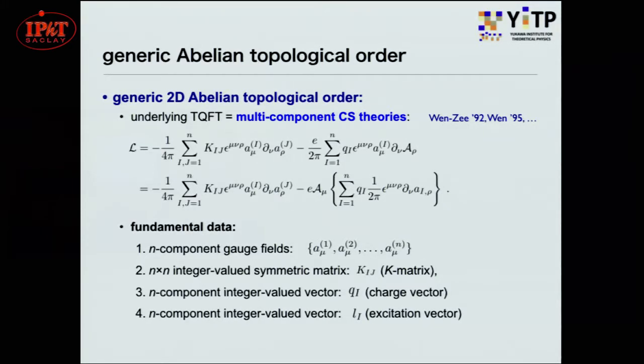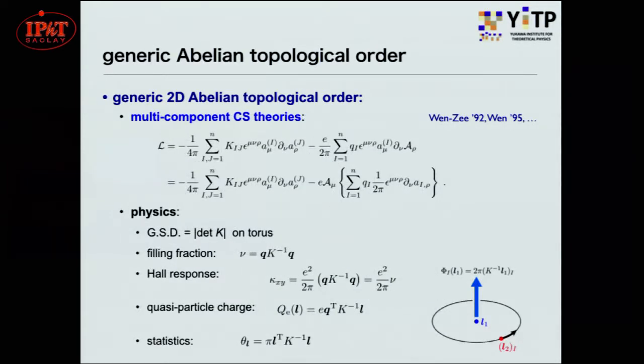Then we have a coupling to the external magnetic field shown here. Then we have an integer vector q, which is called the charge vector. The K matrix, the charge vector, and l, which characterizes quasi-particle excitations, give you the fundamental data of the topological phases. Okay, I'm going to skip this maybe.